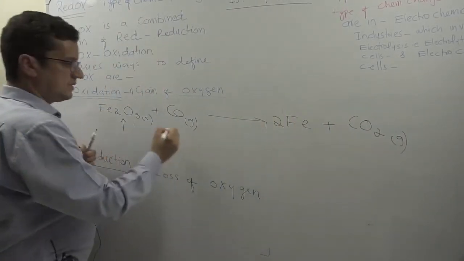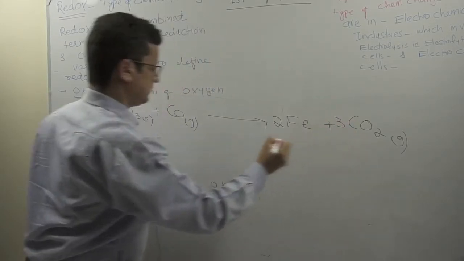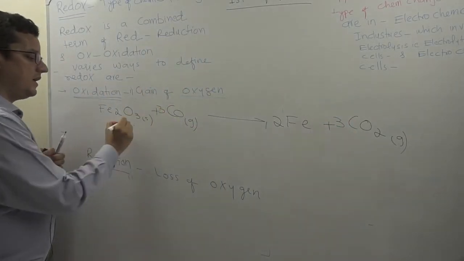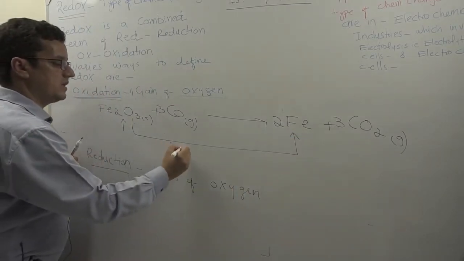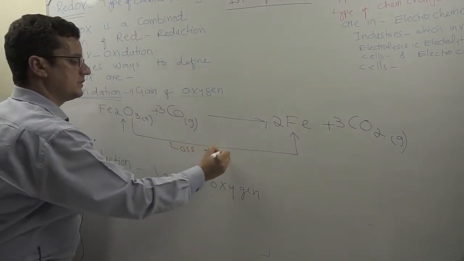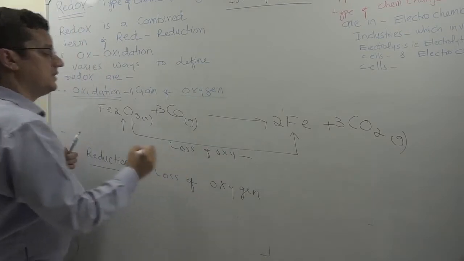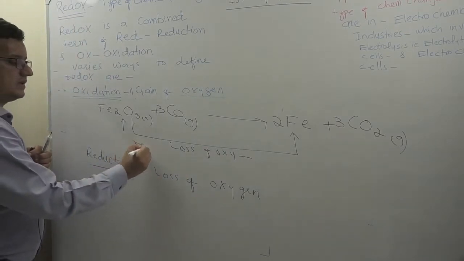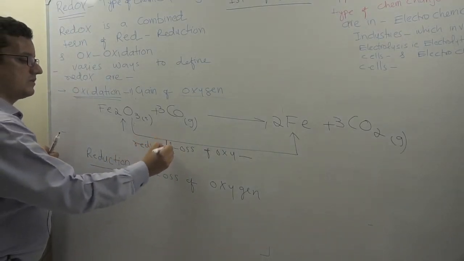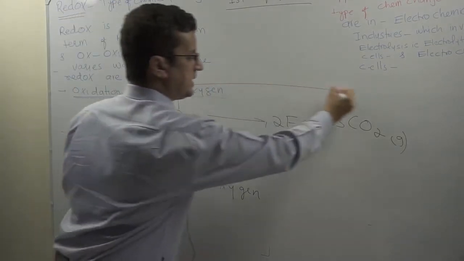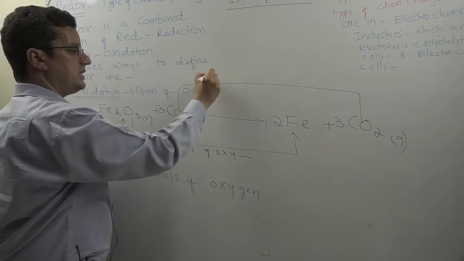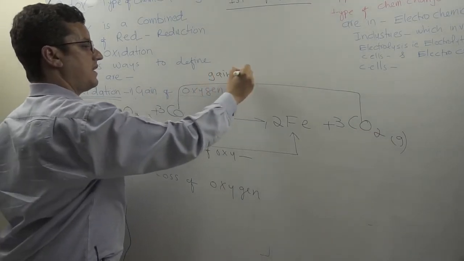You'll notice that iron oxide has changed to iron, and there is loss of oxygen. Your definition says the loss of oxygen is reduction. Carbon monoxide has changed to carbon dioxide, and it is gain of oxygen.